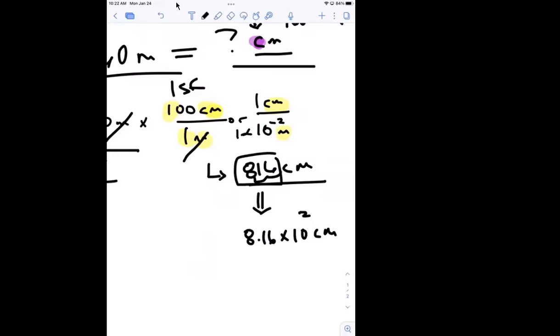Is that right? Yes, sir. Now this is going to round that up, so that would be 8.2 times 10 to the second centimeters. Thank you for catching that, Saxton. And then this is going to cause that to stay the same, so now it'll be 8 times 10 to the second centimeters.